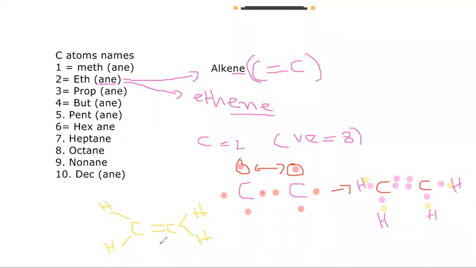This molecule is called a hydrocarbon, because it only has carbon and hydrogen, and the group to which this molecule belongs is called the alkenes, because at least one carbon-carbon double bond is present, and that's why it belongs to the alkene.